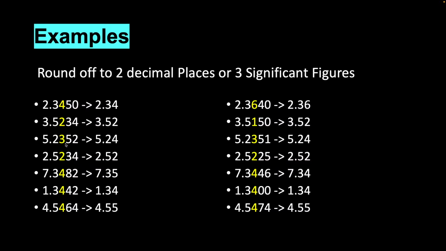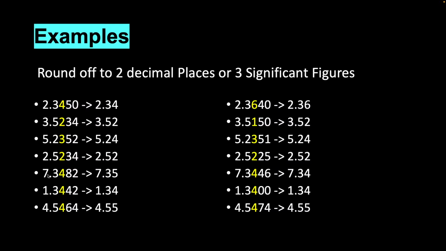This means that we have to increase 3 to 4, so the number will be 5.24. Now after that the question is 2.5234. Again the number is less than 5 after the cutoff digit, so the cutoff digit will be left as it is, so we will write it as 2.52.